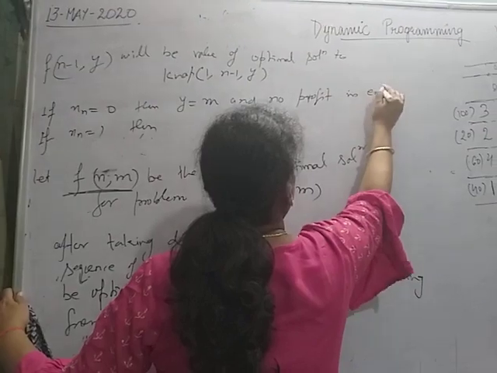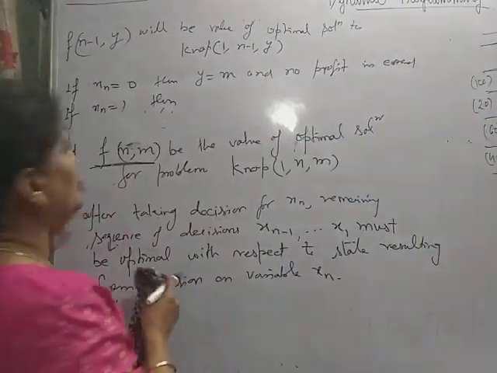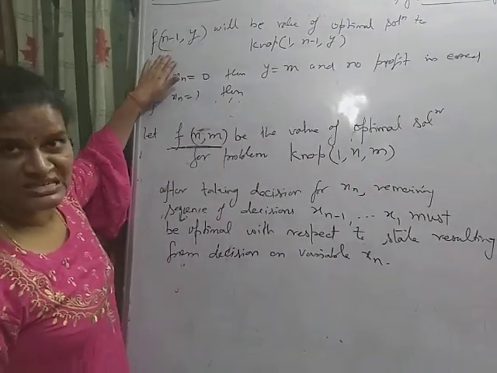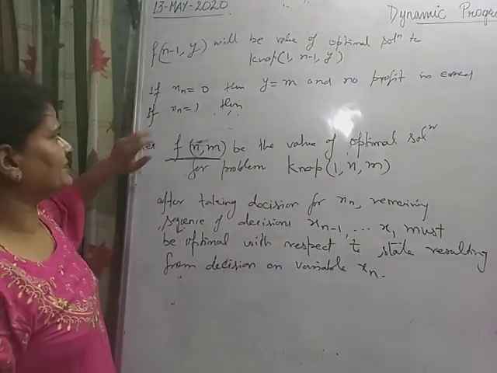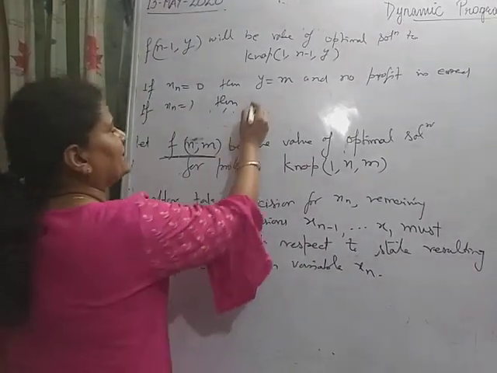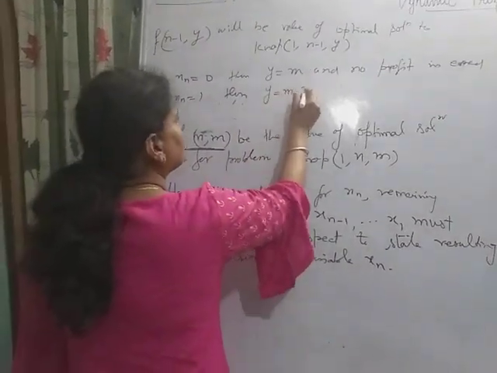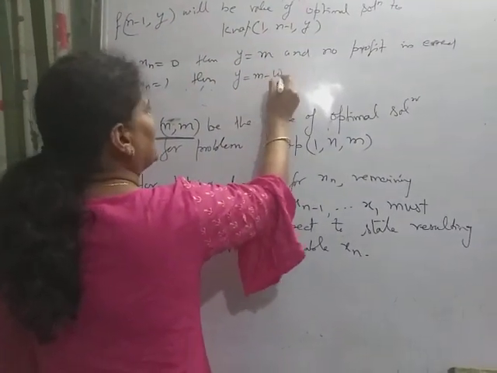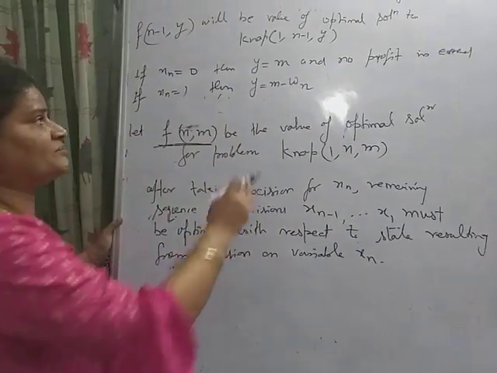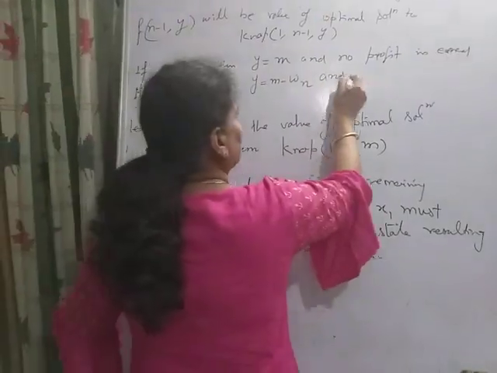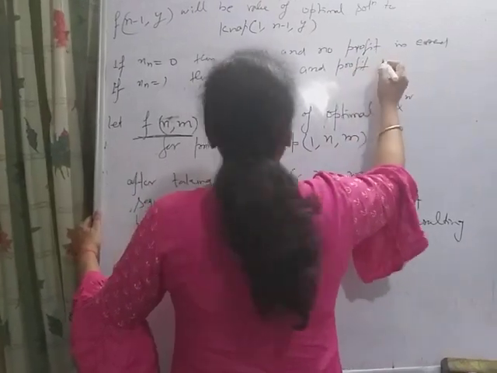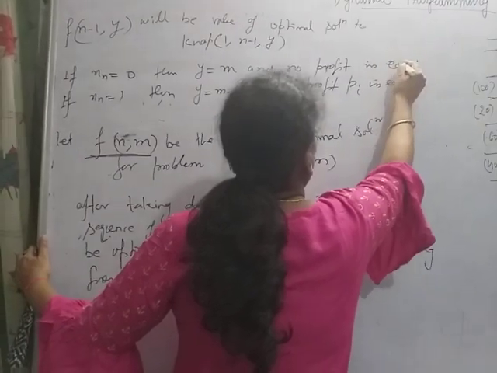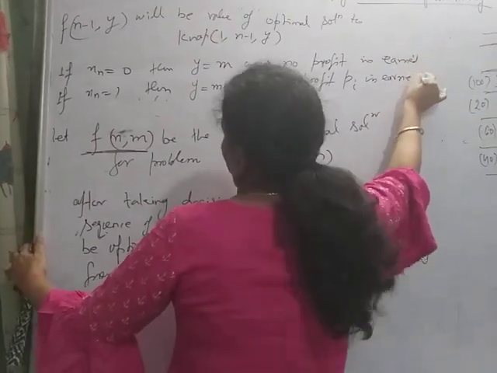No profit is earned means the value of f n minus 1 y is not going to change after taking the decision for the nth object. If xn is equal to 1, then y equals m minus Wn. The capacity will be reduced by the weight of the nth object and the profit Pn is earned.